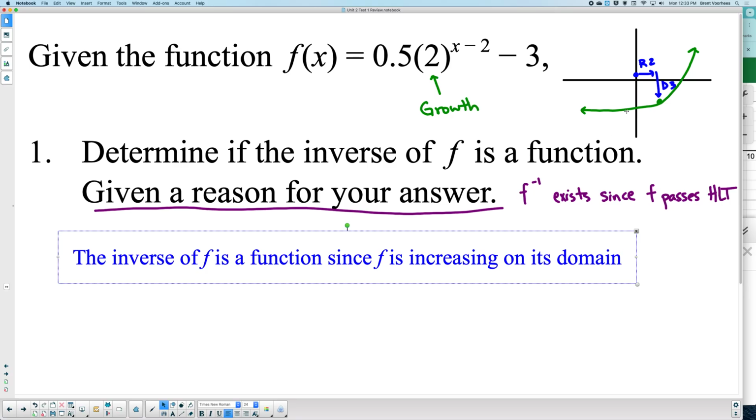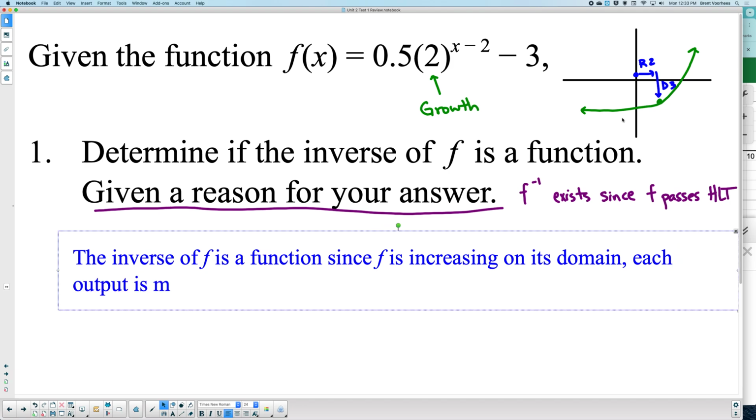So number one, since it's increasing on its domain, each output is mapped to exactly one input value. I think that's the words they use.